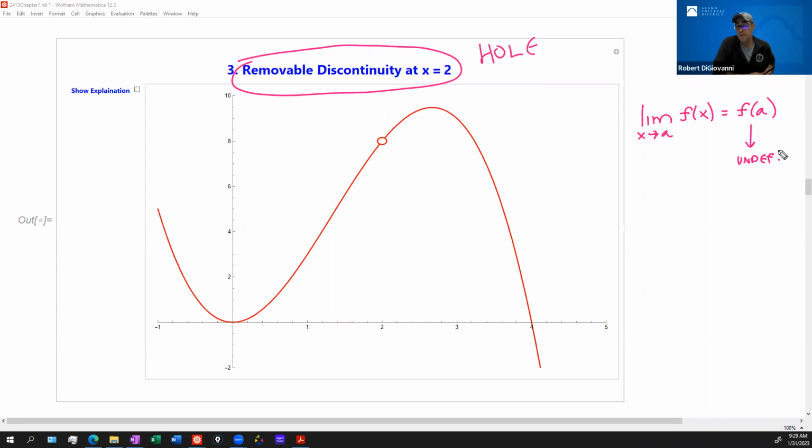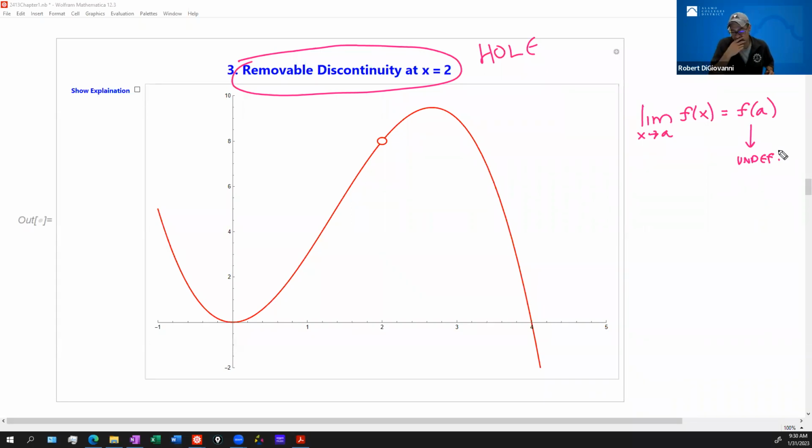Would it be easy to fix this? Yes, because you can just remove that one open circle. If we just fill that circle in with a dot, we could tweak the function and just define it at 2 to be 8, and we would fix the problem, right?